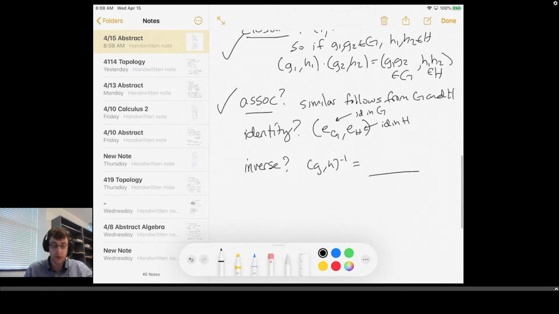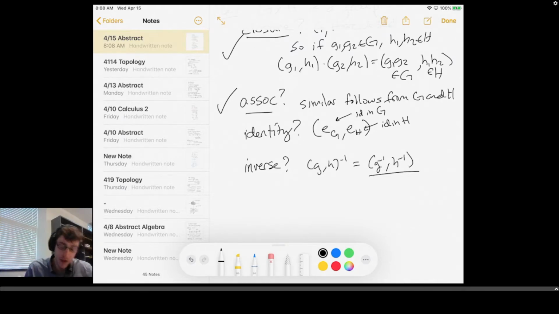So what's my inverse for an element? Yep, exactly.